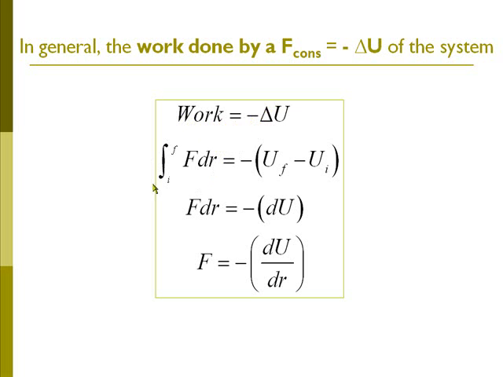If we take the integral form of work and allow it to equal the negative change in potential energy, we see that by rearranging the terms, we get an expression for F dot dr, this time equal to the derivative of potential energy, because we've taken the derivative of the integral to isolate F dot dr, to get dU.